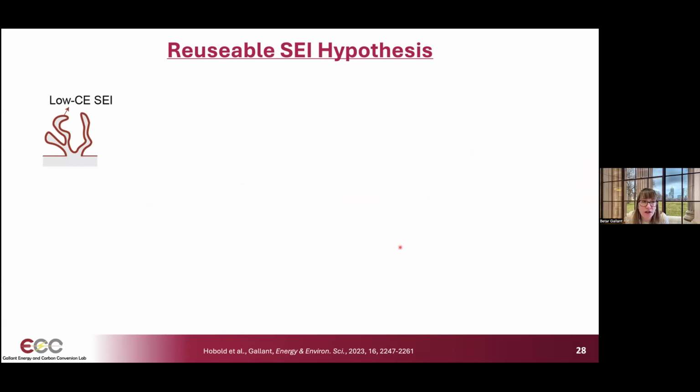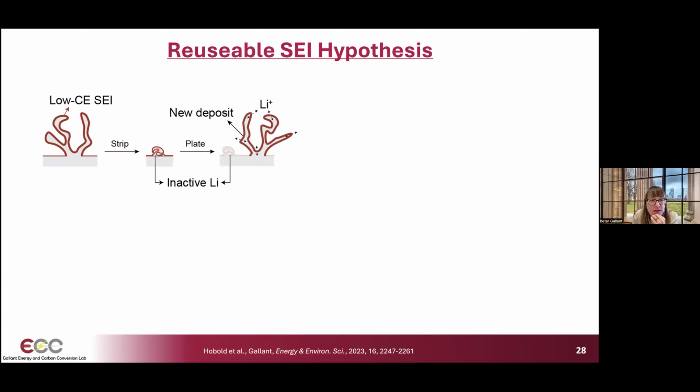So we propose the following explanation to explain why certain electrolytes see evolution in J0 and why others don't. So in a low Coulombic efficiency SEI, you plate a lithium deposit, and as shown in red here, you form SEI at the surface, and then you strip it and you're left behind with the residual material. If this SEI material inherently has a low exchange current or J0 pseudo value, then it's hard to reuse this pre-existing deposit for plating again, and it pretty much sits there as an inactive material on the surface.